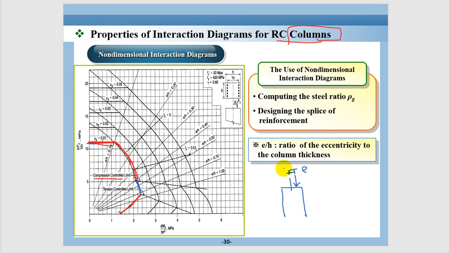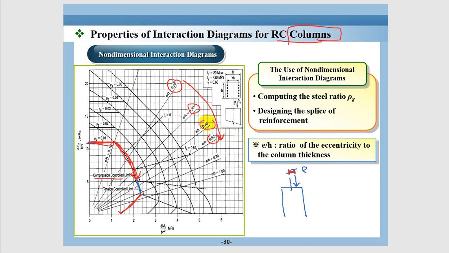Alright. So for the compression controlled region, the eccentricity is small. We are looking at here 20%, 30%, 40%, 50%, so that when you go down towards the tension control region, we know that eccentricity increases.